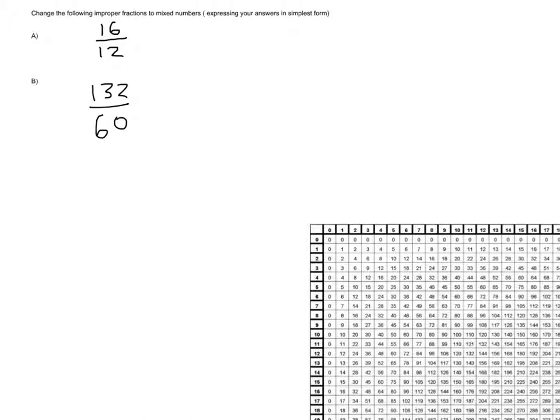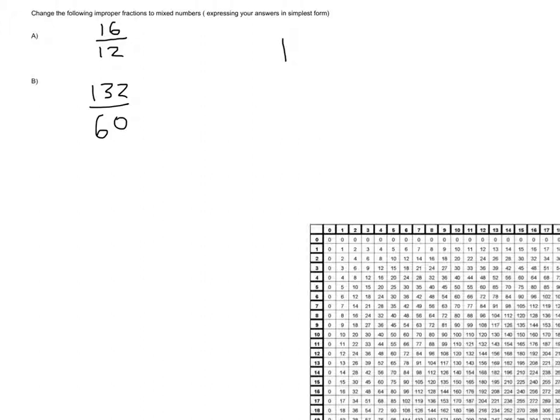So we know definitely that 12 goes into 16 at least once. So we can say 1. So 12 goes into 16 one time as a whole. But then we have some leftovers. What are those leftovers? What is that remainder?